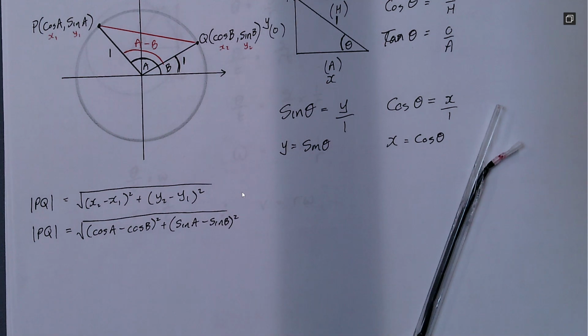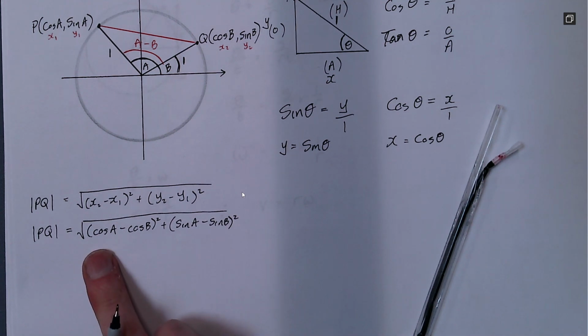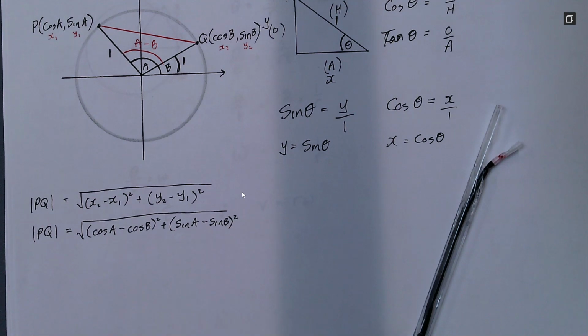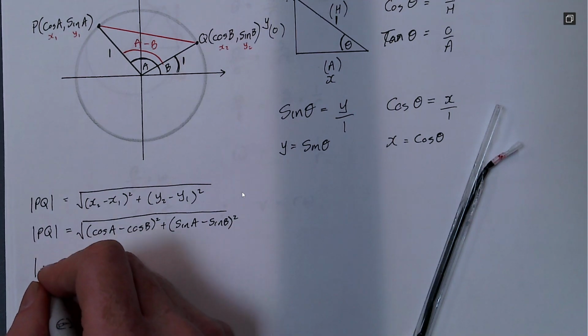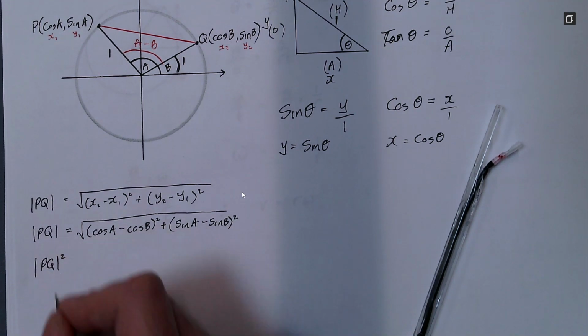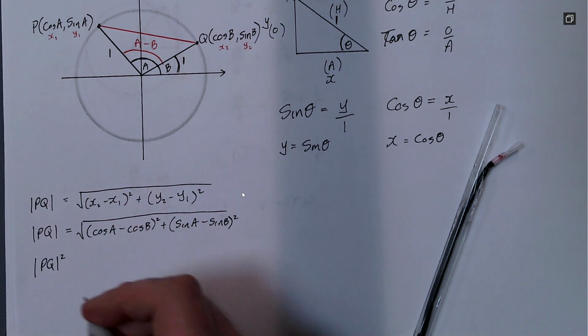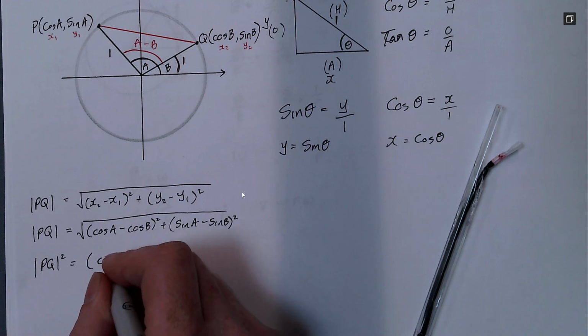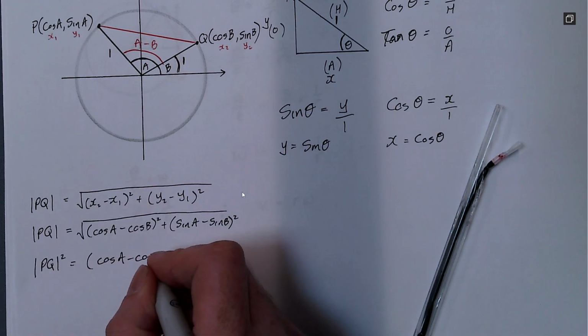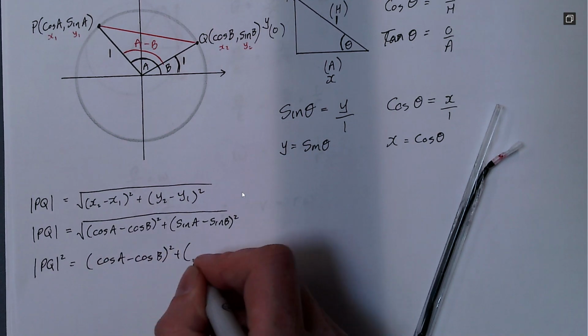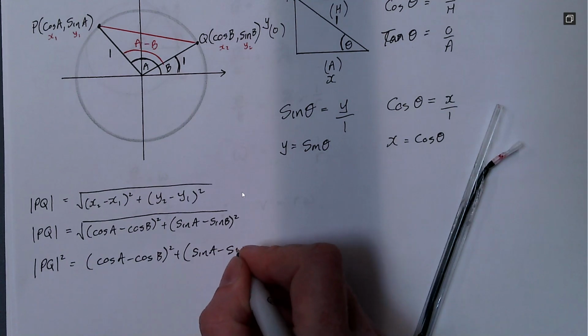Squaring both sides, we get PQ squared equals (cos A minus cos B) squared plus (sin A minus sin B) squared.